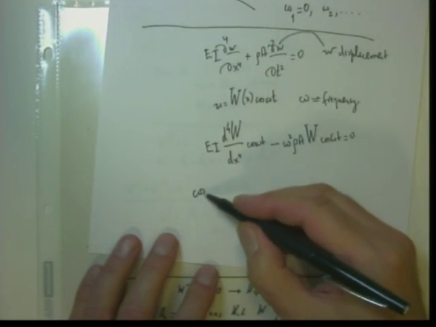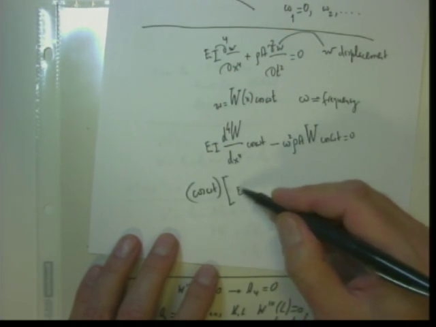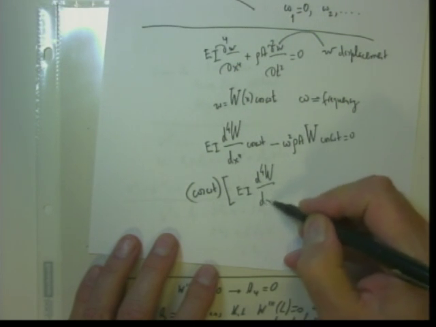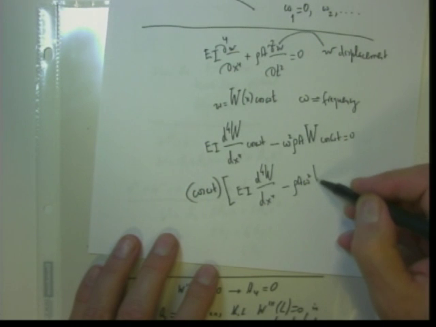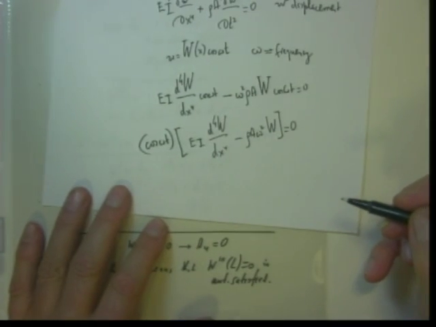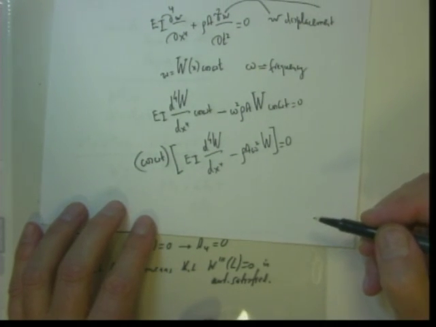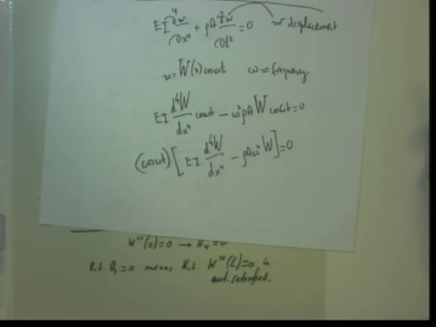I can take out cosine omega t. What is left is EI, fourth derivative of W with respect to x, minus rho A omega squared W. That equals 0. Okay? Am I too fast? Yes? No? No.